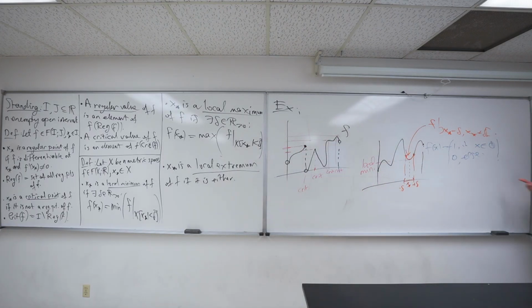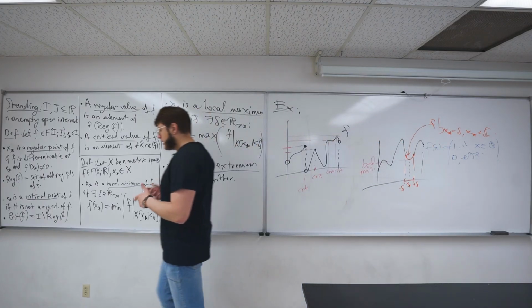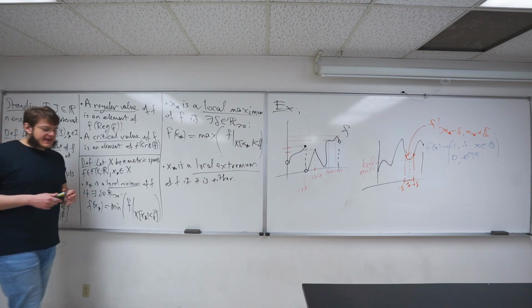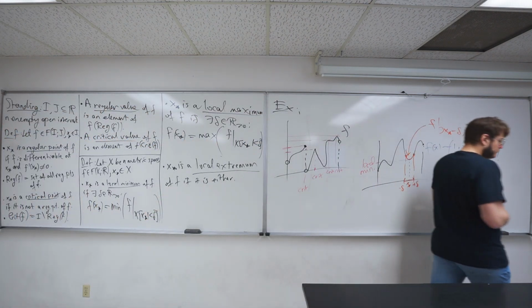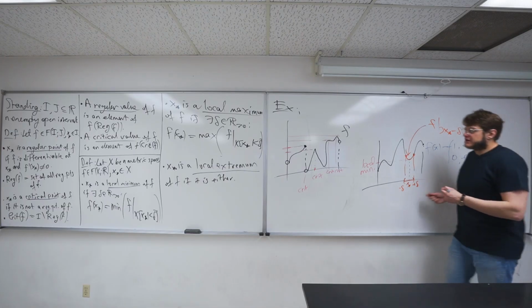Now I want to say this, or maybe I should give an exercise. We talked about how a continuous function defined on a closed and bounded interval attains its max, in which case it's the global max, of course. But if I were to take a continuous function defined on an unbounded interval, it may not necessarily have a global maximum, but it always has a local maximum. It's a very nice exercise.